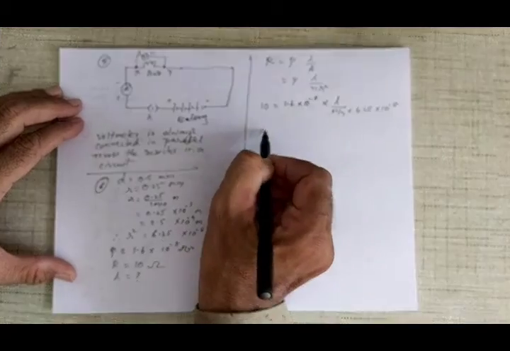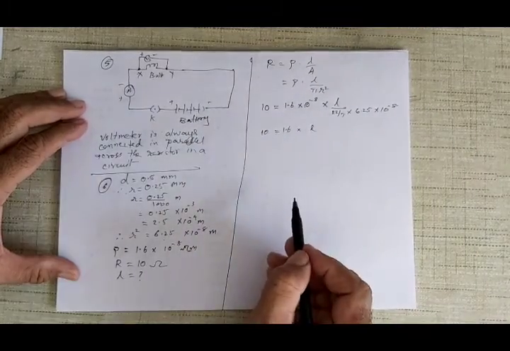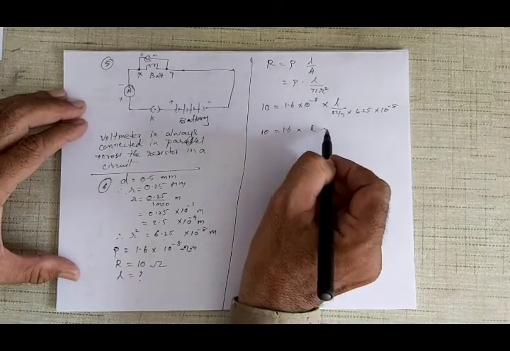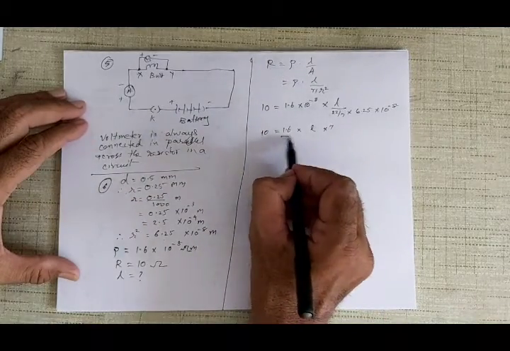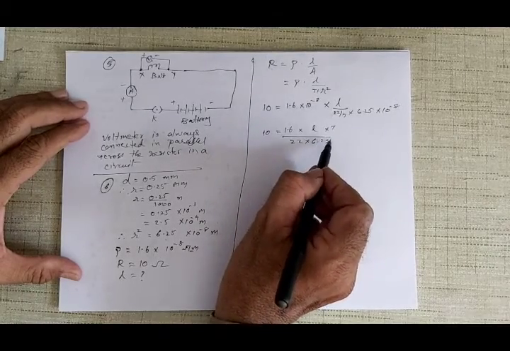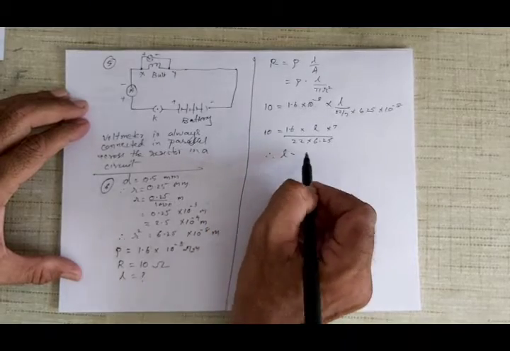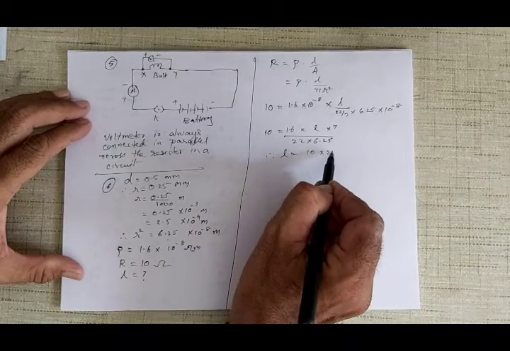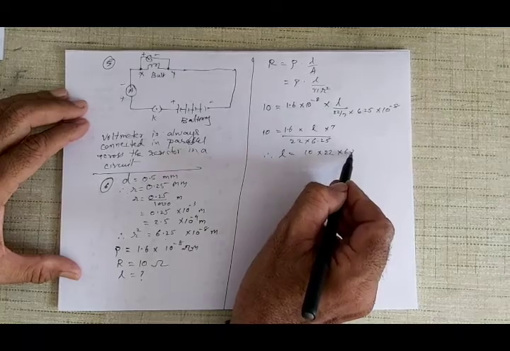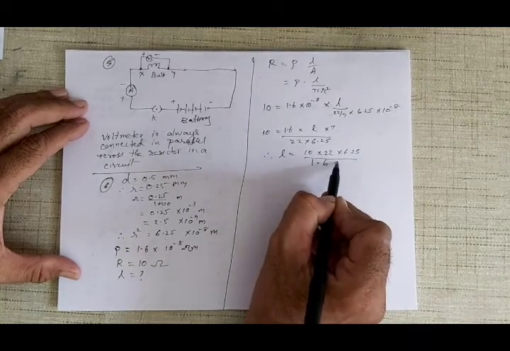Alright, so 10 is equal to 1.6 into L. ये 7 है, ऊपर आ जाएगा 7. Alright, and नीचे क्या बचेगा? 22 into 6.25. Okay, so now L, therefore length of the wire would be 10 into 22 into 6.25 and नीचे आएगा 1.6 into 7.